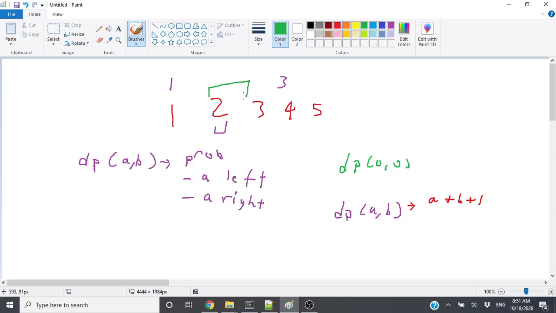It's the probability of there being a number here. How does that work? What's the probability that we made this merge last time? It's kind of like a backwards recurrence. It's kind of weird.